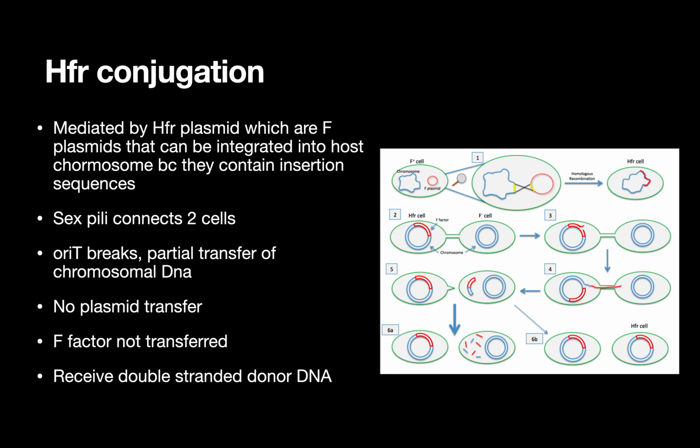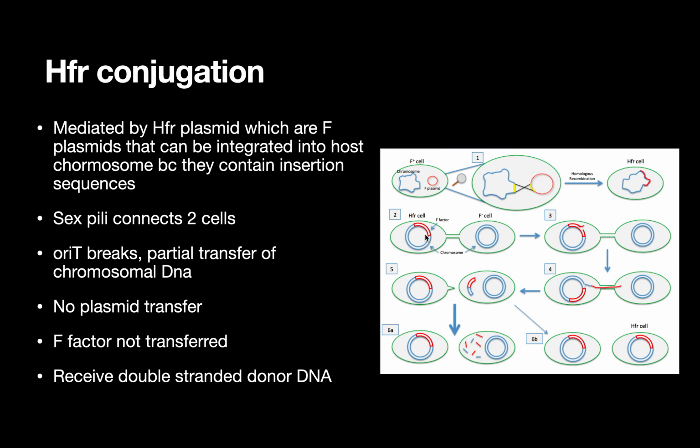HFR conjugation is similar, but is mediated by an HFR plasmid, which are the F plasmids that can be integrated into the host chromosomes because they contain something called an insertion sequence. So in the same way, they still need the sex pili. So first, in this particular case, the HFR cell has the integrated plasmid.